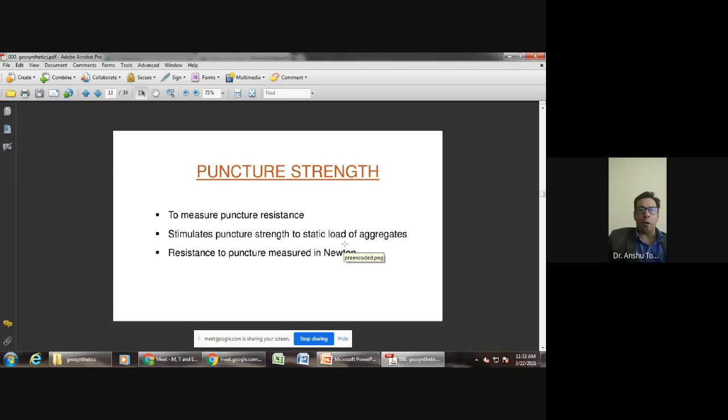It is a kind of vertical impact force that is immediate, exactly in the vertical direction, load applied, which is having a force which can puncture through the material. So that is resistance to puncture. This is measured in Newton. That is why I said force.